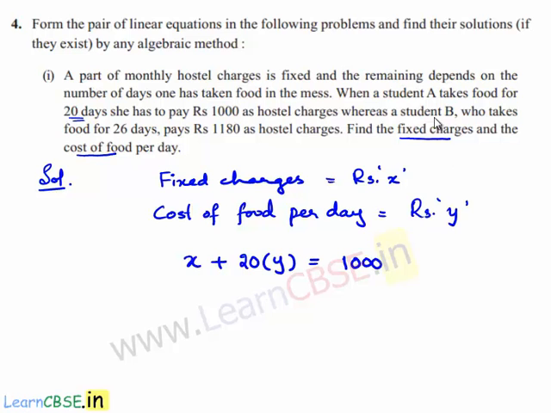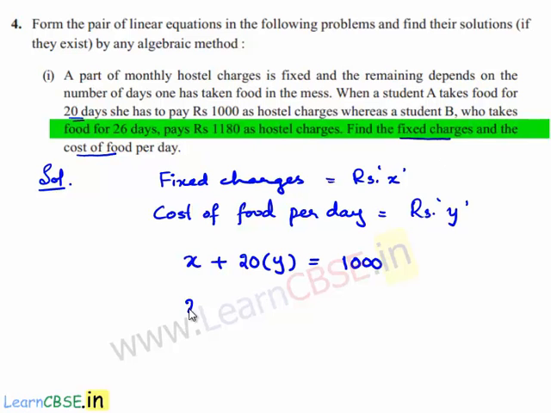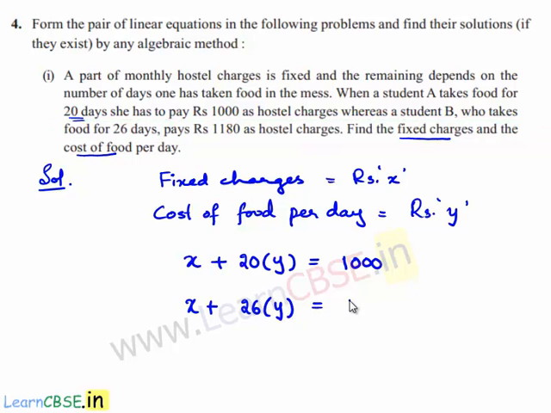And from the second condition we can write fixed charge plus cost of the food for 26 days, 26 multiplied by y, is equal to 1180.